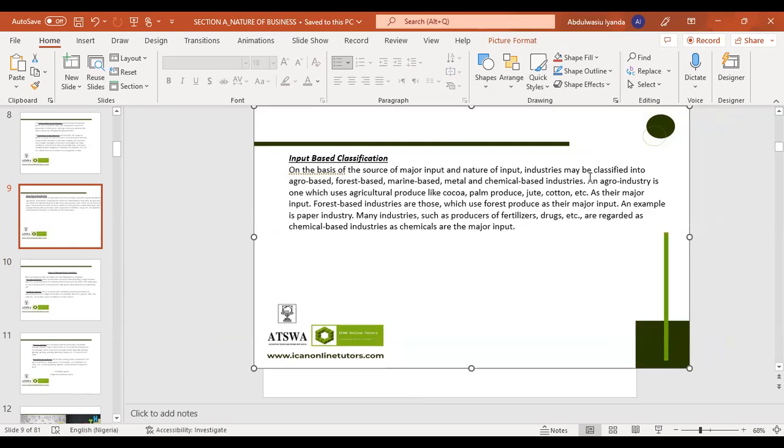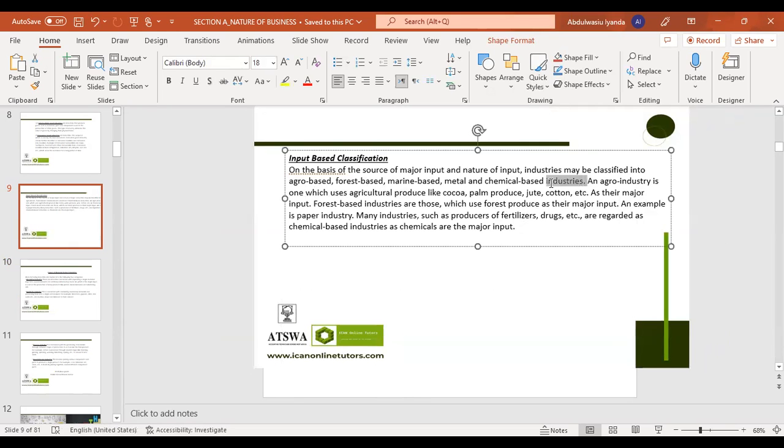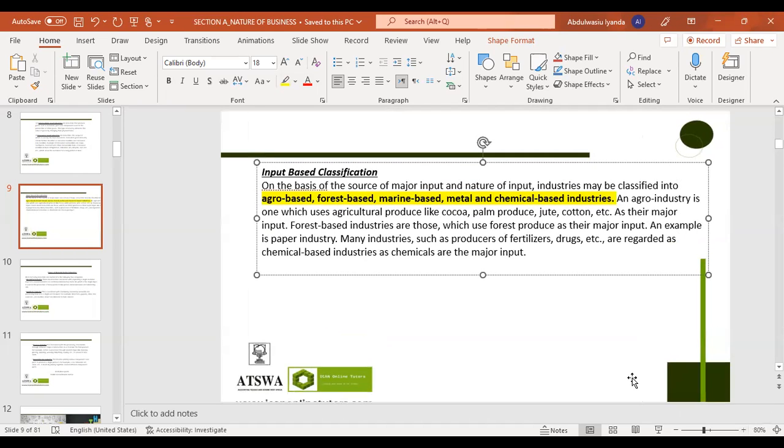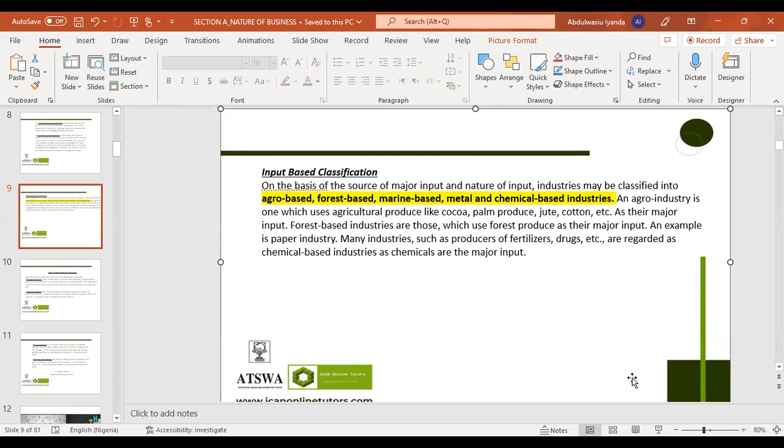So, for example, there are agro, forest-based, marine, metal, and chemical-based industry. That is based on input.